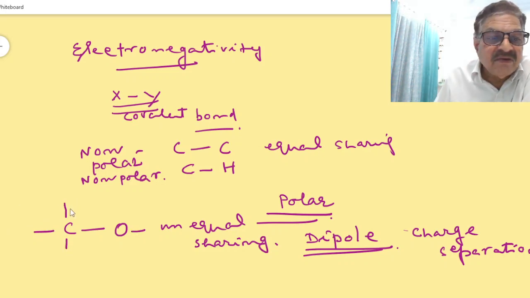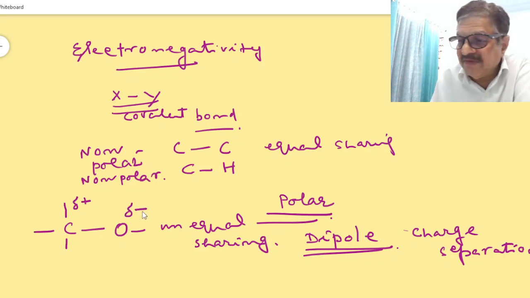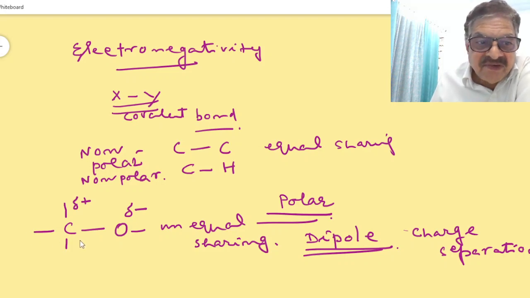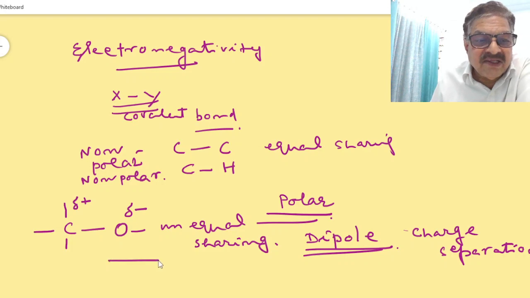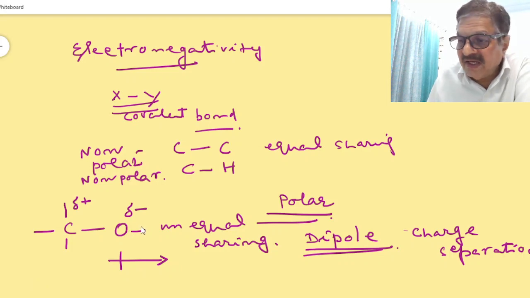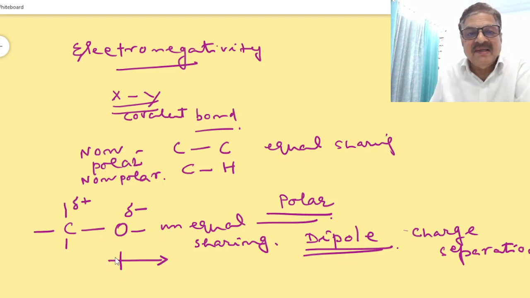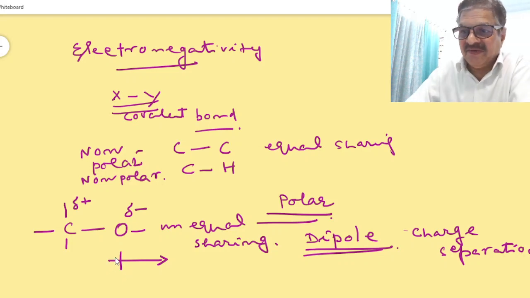There will be a partial positive charge on the carbon and a partial negative charge on the oxygen. This is an electron deficient site and this is an electron rich site. Another way of representing it is by an arrow, with its head pointing towards the electron rich site and a perpendicular line at the tail. That is the way the dipole is represented.